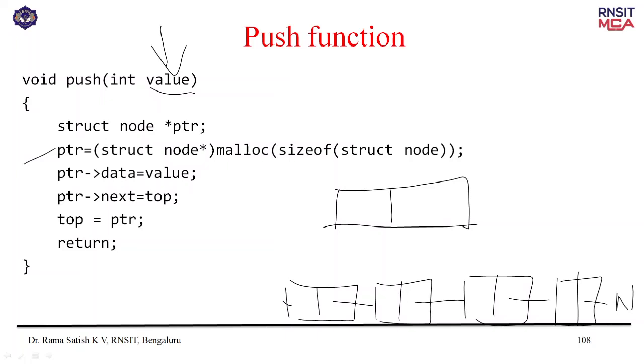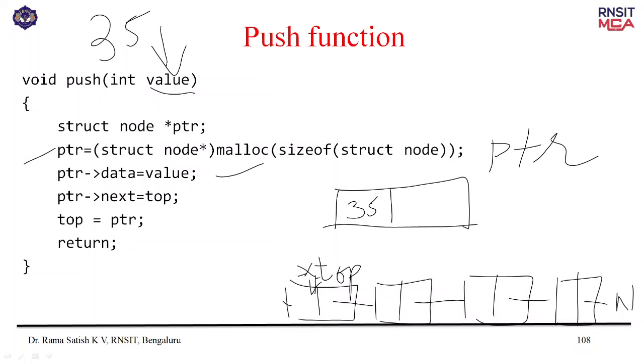What you are trying to do is create a PTR, and your top pointer is pointing here, because it is the topmost element. After this, PTR is created and memory is allocated. The value, say for example 35, is the value that I have passed. So 35 will be stored here. Next, PTR of next is equal to top.